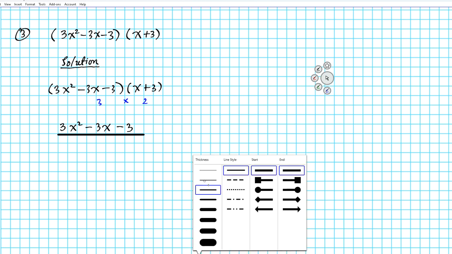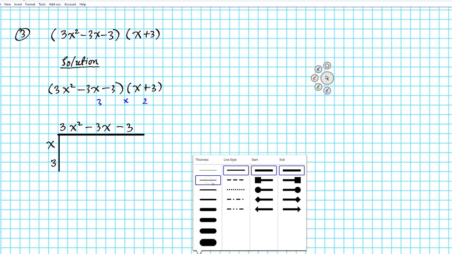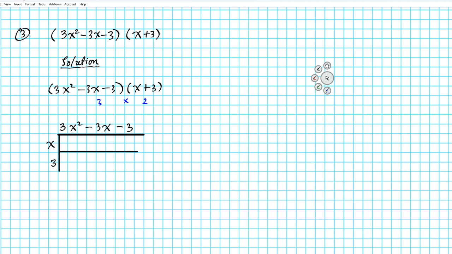So we have that. All right, so we're going to have on the right side there are 2 terms. All right, so we're going to have x row and the positive 3 row. All right, so hopefully you can visualize what the box is going to look like. It's going to be a box with 6 cells in it.